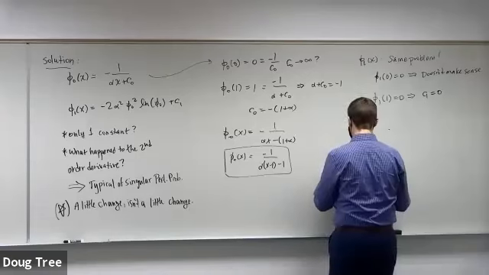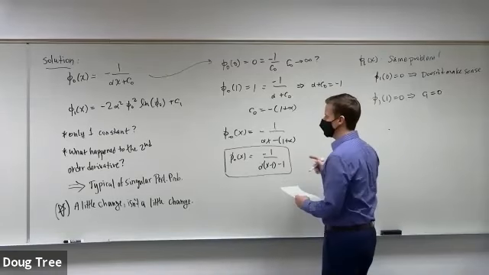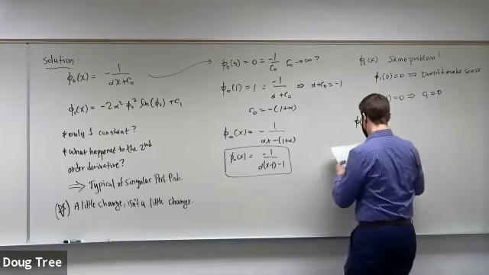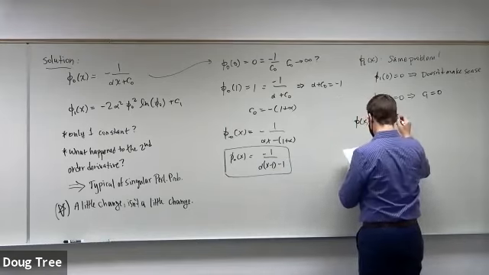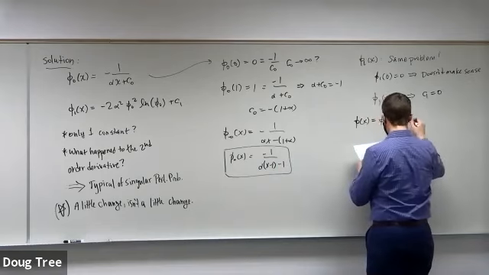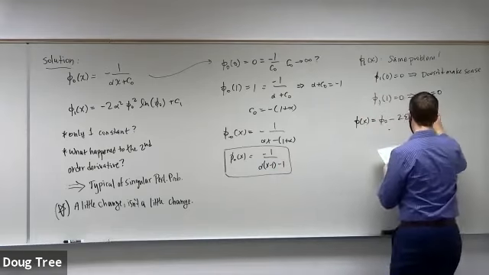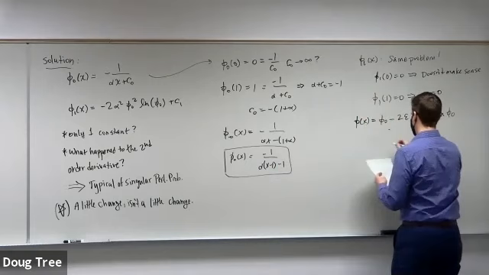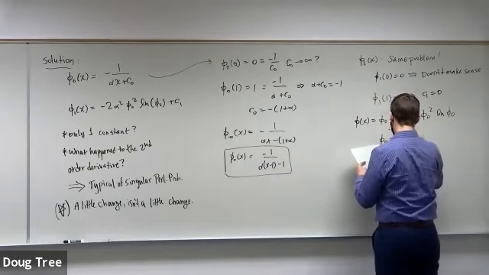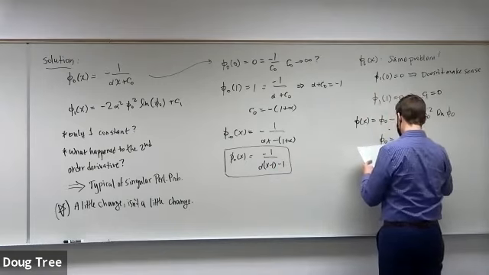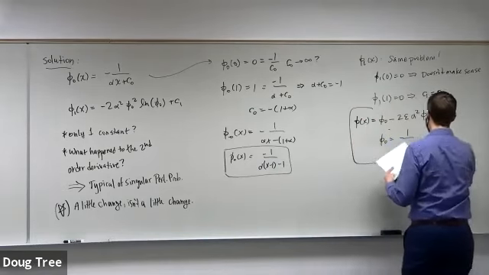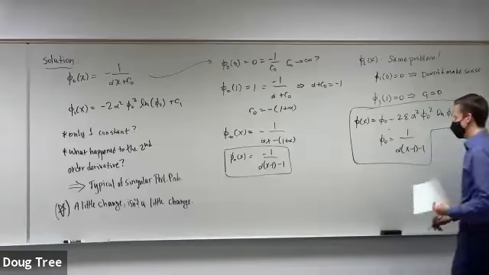And so what I find out then is that my final answer, phi of x, is equal to phi naught minus 2 epsilon alpha squared, phi naught squared log phi 0, where phi 0 is equal to -1 over alpha x minus 1 minus 1. Okay, so that's the final answer we get from that sum.